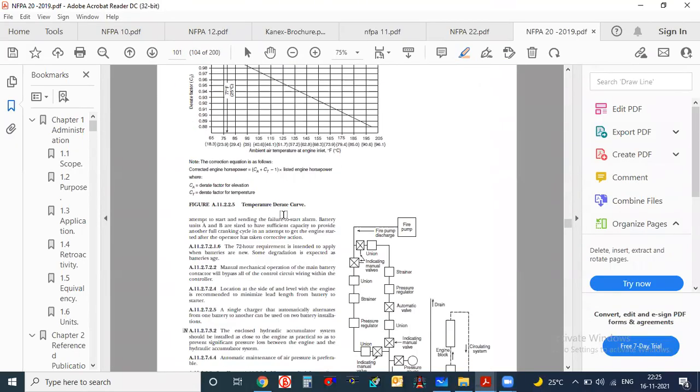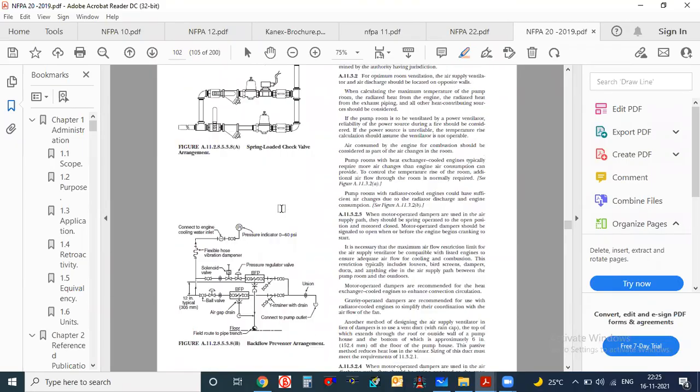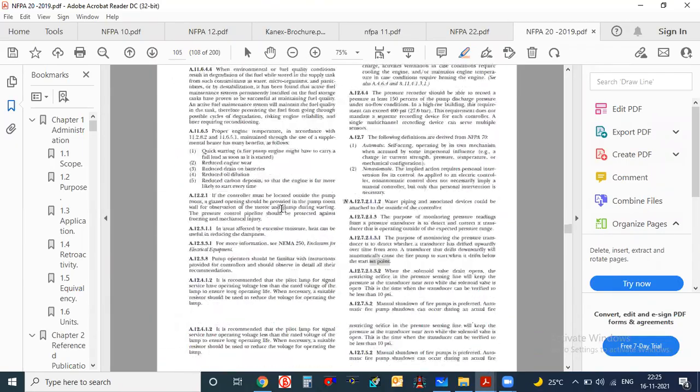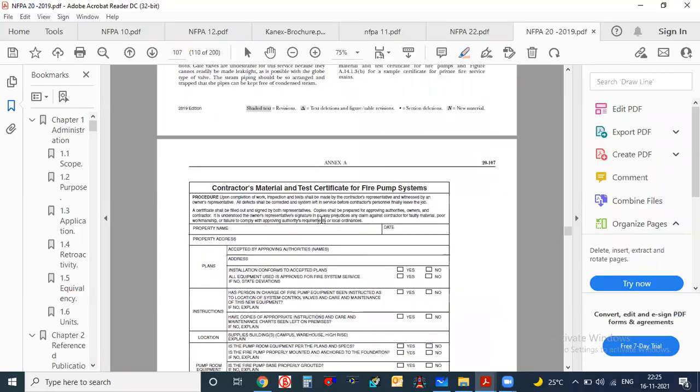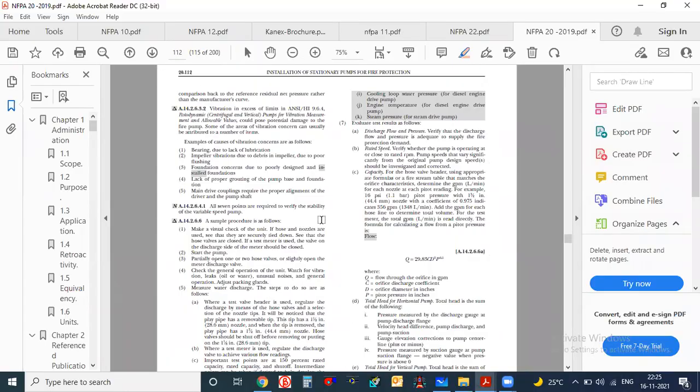Whatever is given is in the starting only, up to that table, some clauses where you have to use which type, how to use the pipes and strainers, valves. Then in the middle section, they have given the classification of pumps. This is the classification of pump. And in the last section, I don't think anything important is given, but still let us see what they have given.